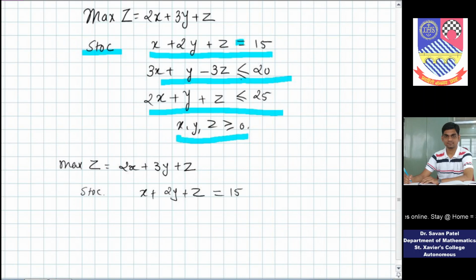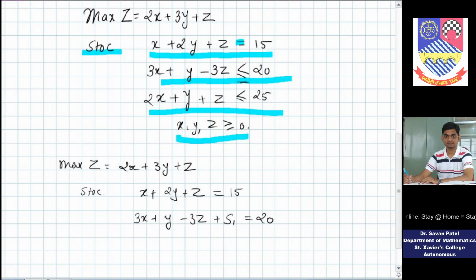Here we have less than or equals to sign, so we have to add a slack variable: 3x plus y minus 3z plus s1 is equal to 20.